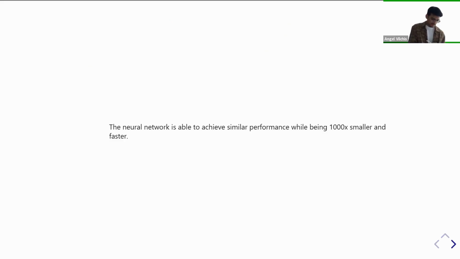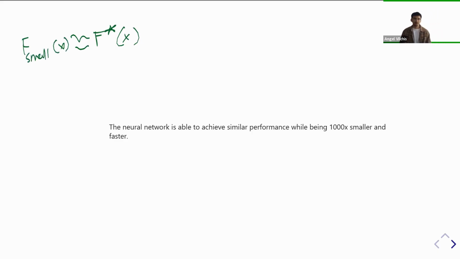So when we train the small model on the original data, we try to approximate the true underlying function, right? So this is small x. We're trying to approximate the true underlying function.